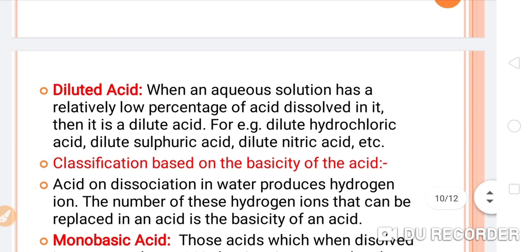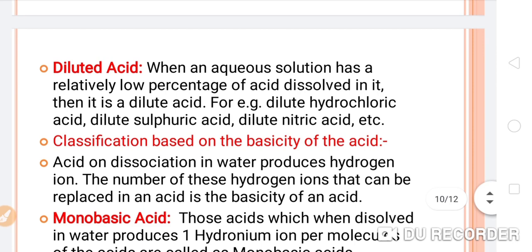Now diluted acid. When an aqueous solution has a relatively low percentage of the acid dissolved in it, then it is dilute acid. For example, dilute hydrochloric acid, dilute sulfuric acid, dilute nitric acid, etc. So let me explain.